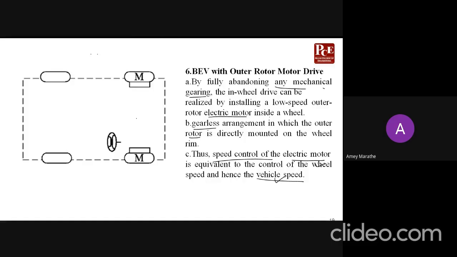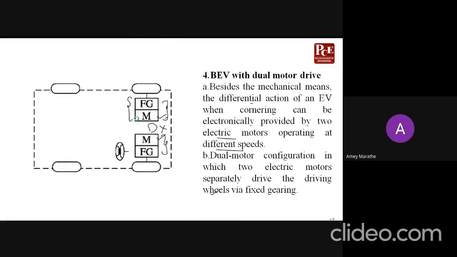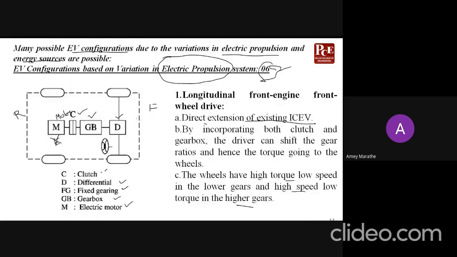Okay, so with this, let us see how we can improve. I will just go through once again from 1 to 6 to see how the improvement can be done. First, we started with the IC engine, replacing the IC engine with a motor. We still have clutch, gearbox and differential.